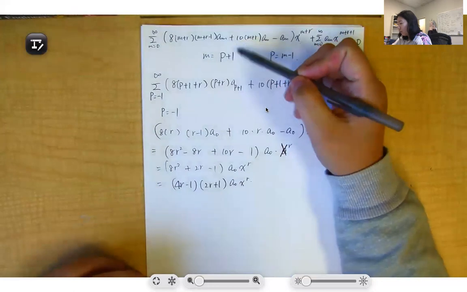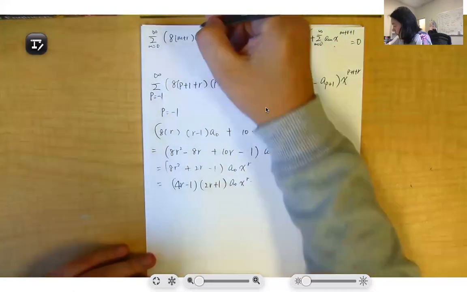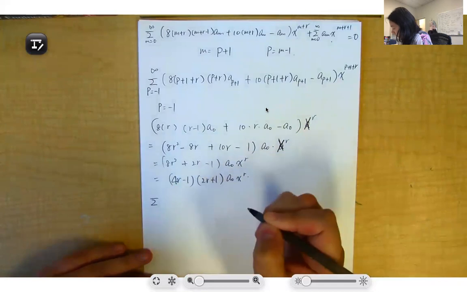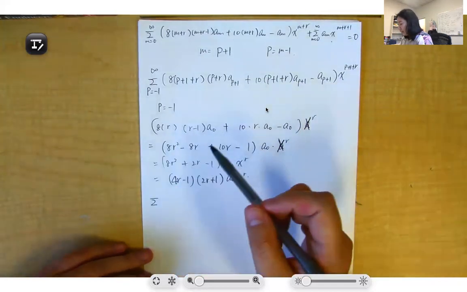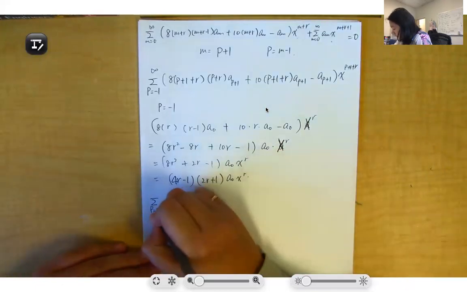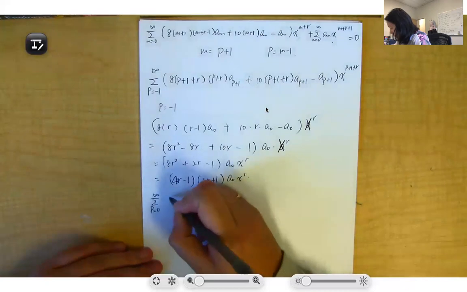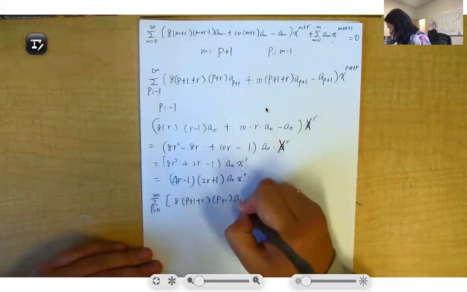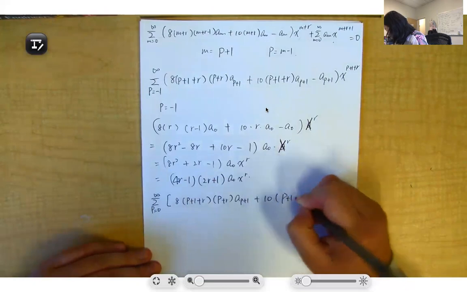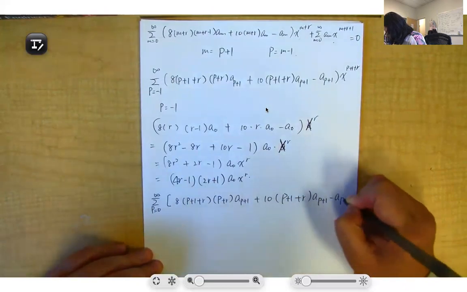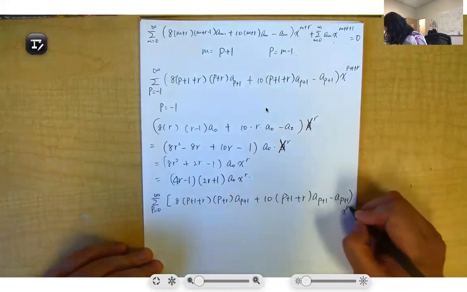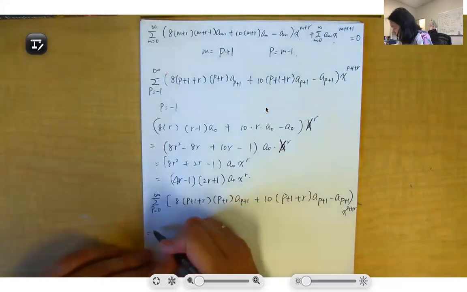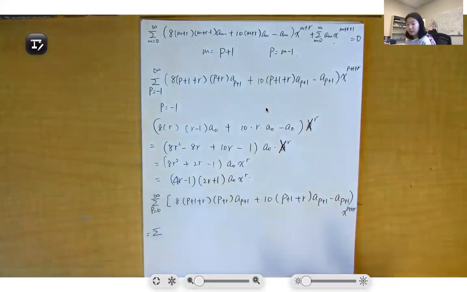So the first term can be written as the sum from p equals 0 to infinity of 8 times (p plus 1 plus r) times (p plus r) a_(p+1) plus 10 times (p plus 1 plus r) a_(p+1) minus a_(p+1), times the overall x to the p plus 1 plus r, since p goes from 0 to infinity. And you can just rewrite this p as any integer, it can be m.